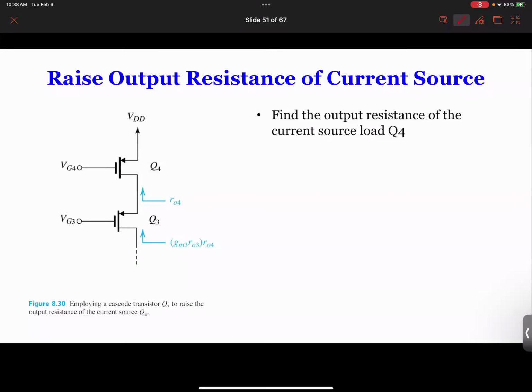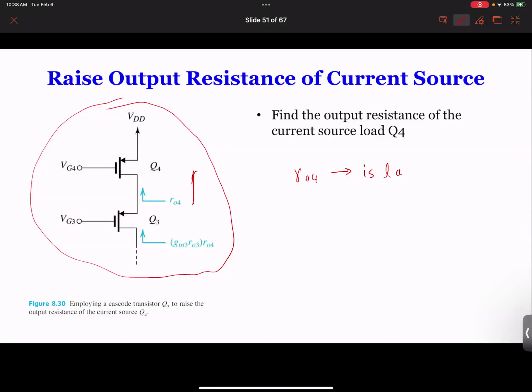So in this case, if you look at this PMOS, we can do the very same equivalent circuit analysis. You'll find RO4 is the load resistance over here. From Q3's perspective, Q4 is a load of Q3.